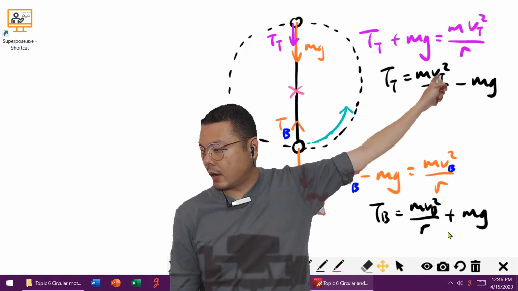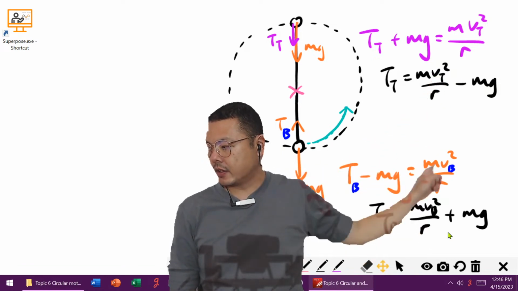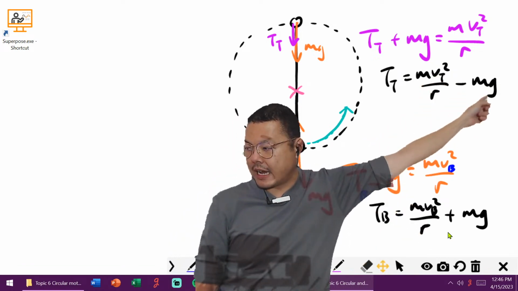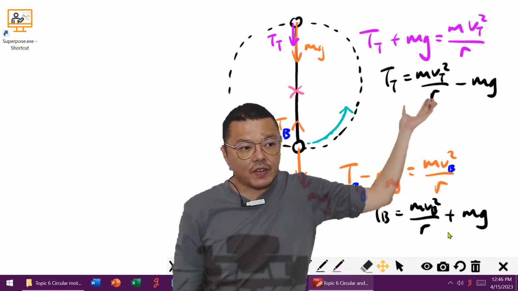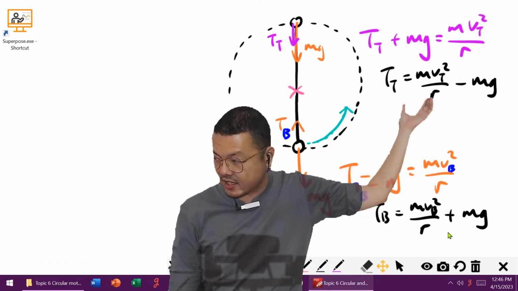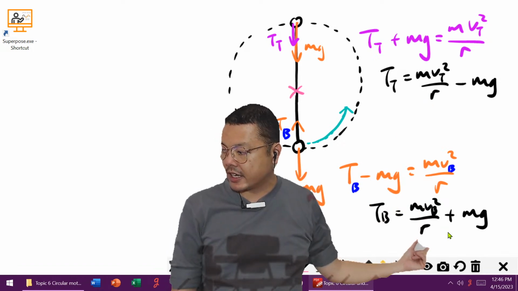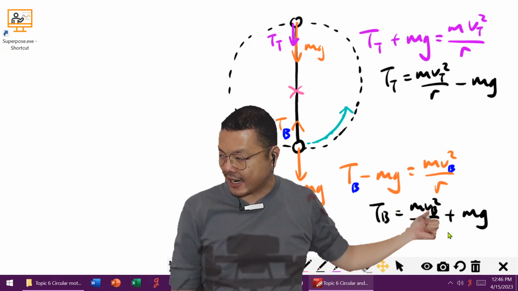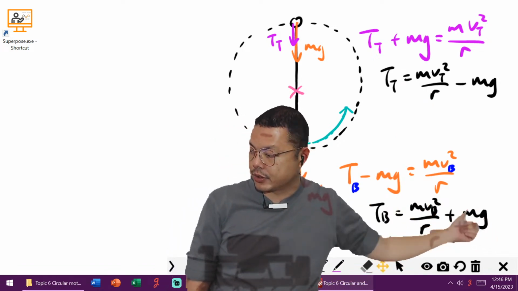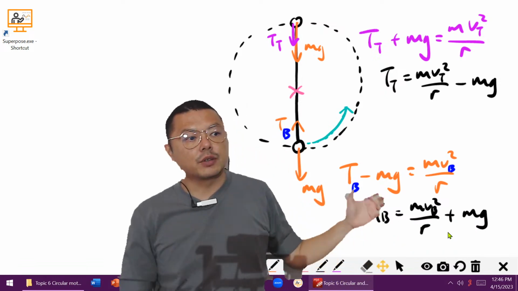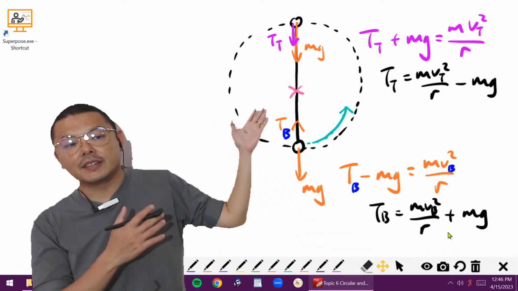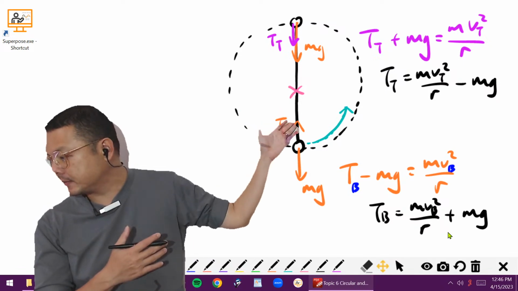The top velocity is lesser than the bottom velocity, and then you minus away the mg. So the tension of the string at the top is lesser than the tension at the bottom, where the bottom speed is higher, and you plus mg also, so the tension is bigger. So the string is more likely to break at the bottom, where the tension is strongest.